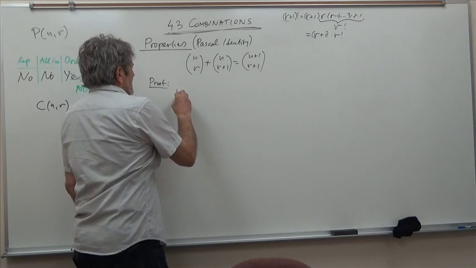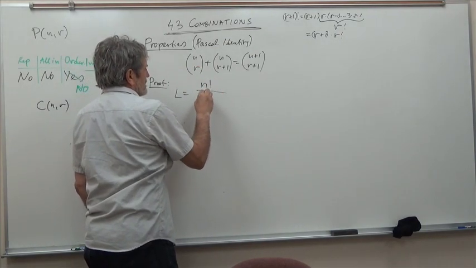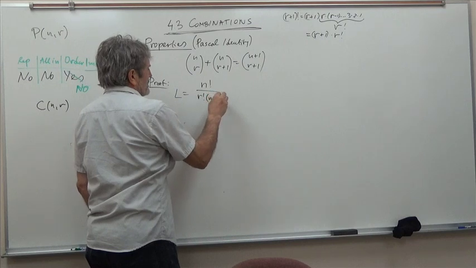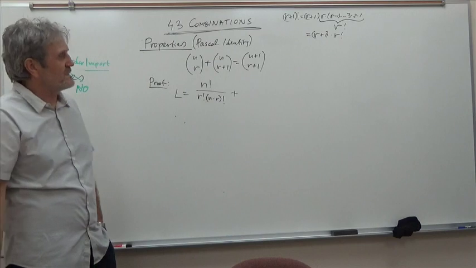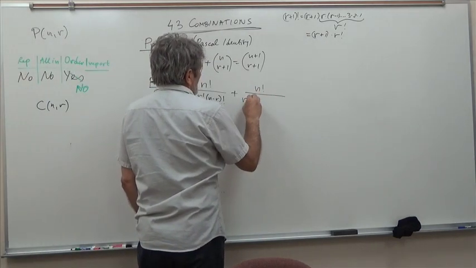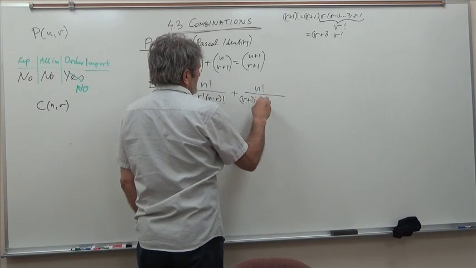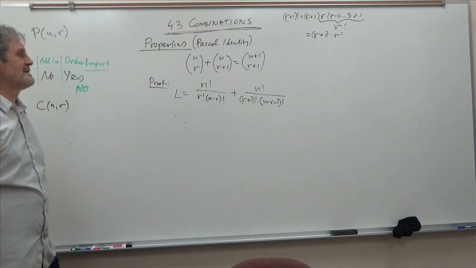So here it is, my left side equals, using the definition, n factorial over r factorial times n minus r factorial. By the way, a few times I asked for this proof as a problem on the exam. Plus n factorial over r plus 1 factorial times n minus r minus 1 factorial.